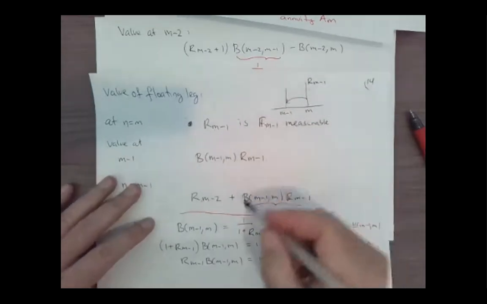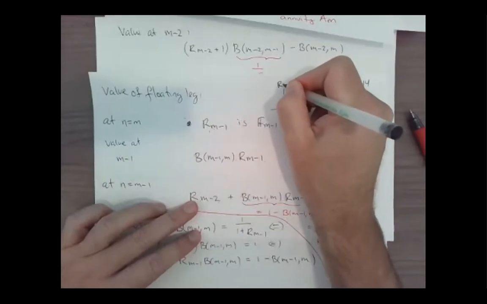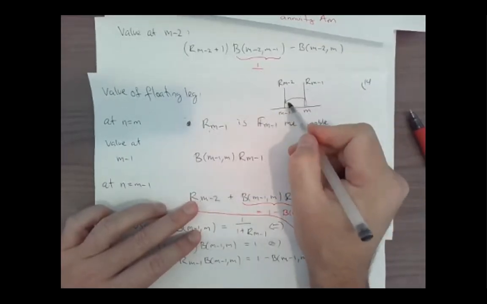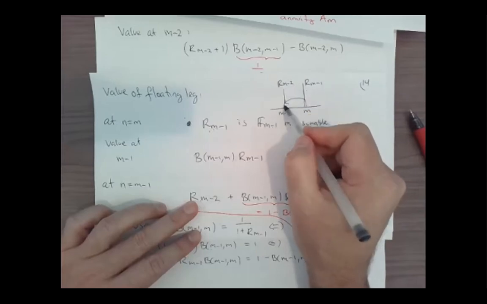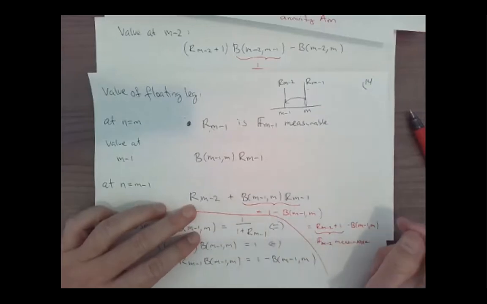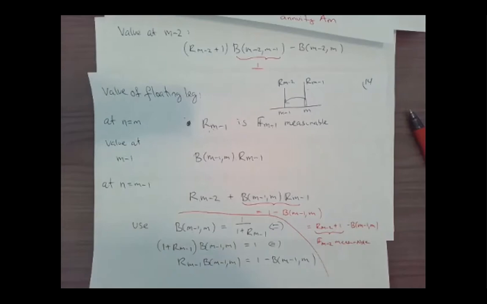And then we're also going to get a payment here, rm minus 2. So we're going to move the payment from the future back here plus the current payment. And that's what you see here. Other questions, comments on this?